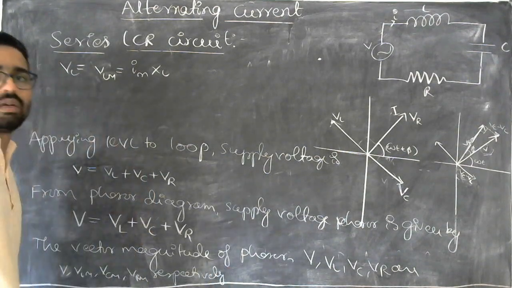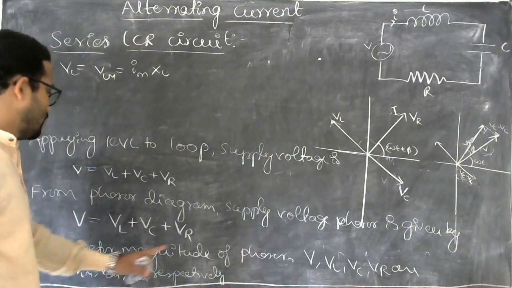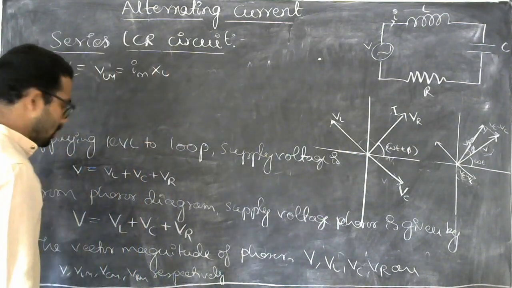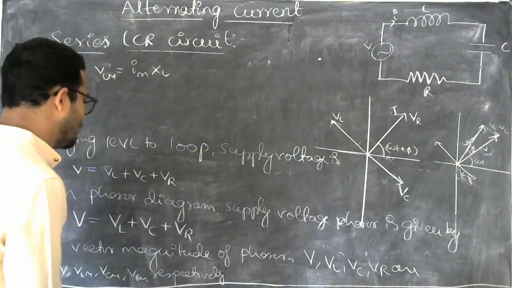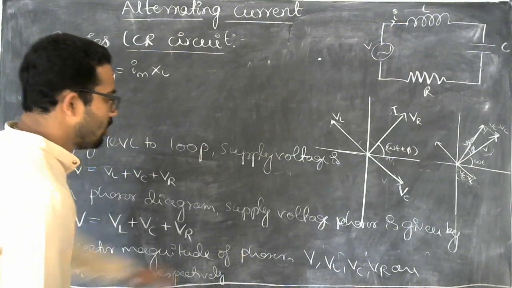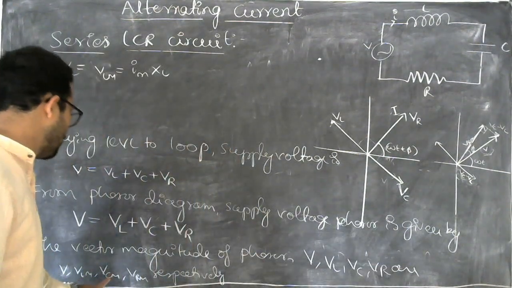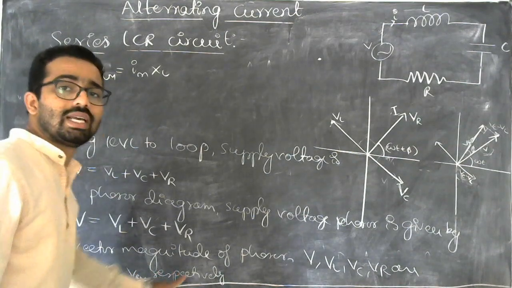We have written the vector magnitudes of the phasors VL, VC, VR as VLM, VCM, VRM respectively.